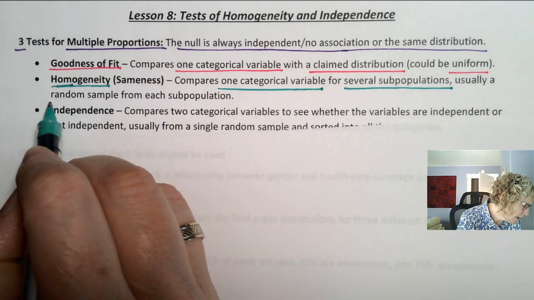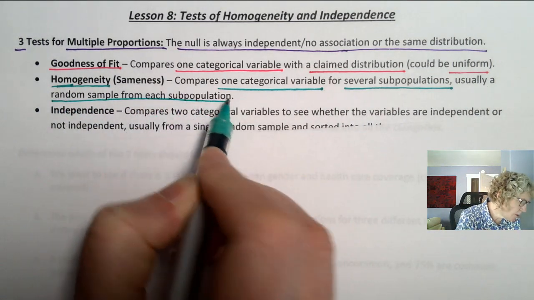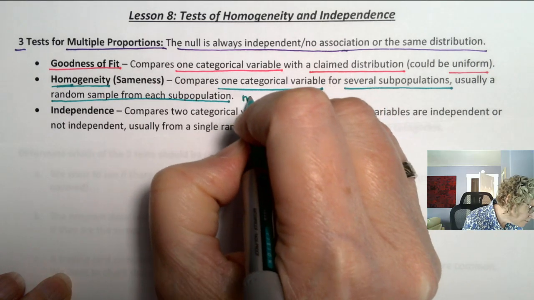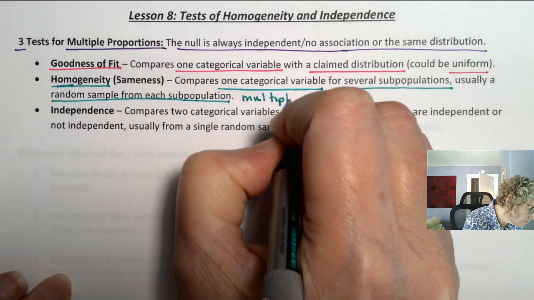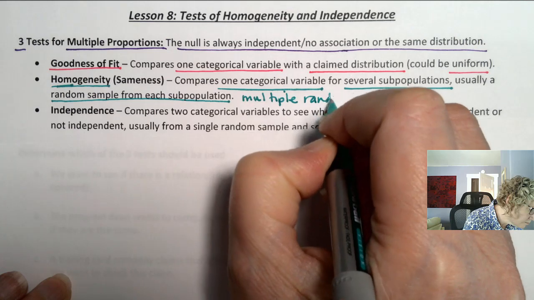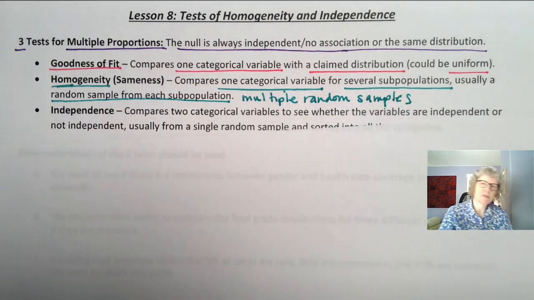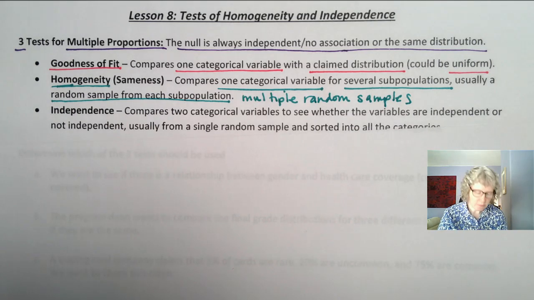Usually we have a random sample from each subpopulation. So this one should be multiple random samples, right? So I'm going to put a note there. Okay, versus one big sample. Okay, so we have subpopulations.